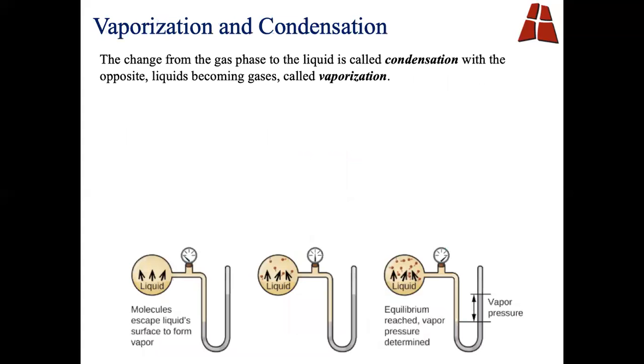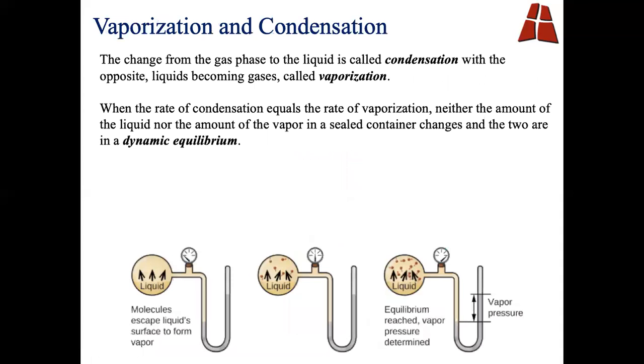So starting to preview those, let's talk about vaporization and condensation. This relates to the movement between gas and liquid state. When we have a rate of condensation that is equal to a rate of vaporization, that is to say, our gas is forming at the same rate the gas is also condensing into a liquid, when those two rates are equal to each other in a sealed container, I should say.